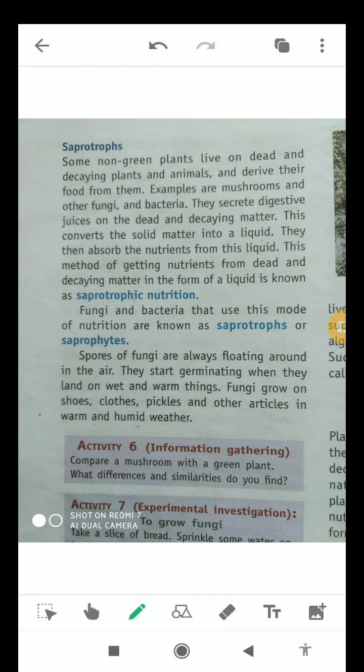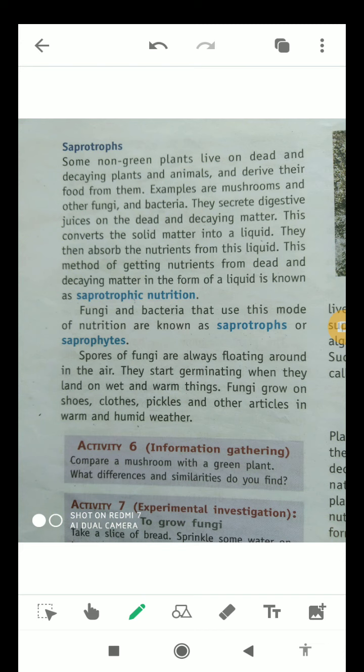Okay students, fungi and bacteria generally use this method, and that's why they are also known as saprotrophs or saprophytes. You can call them saprotrophs also and saprophytes also.